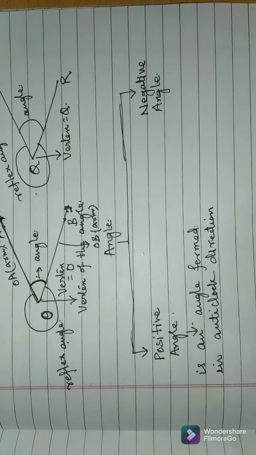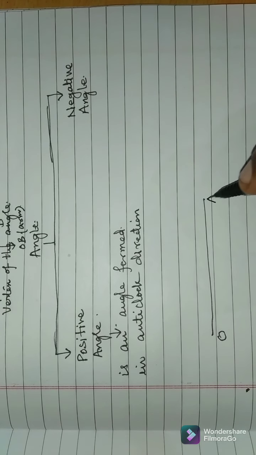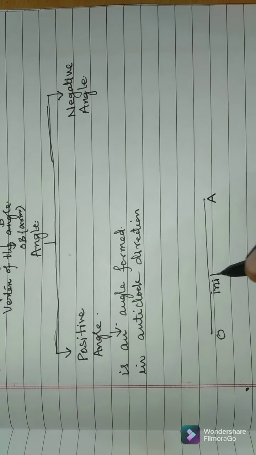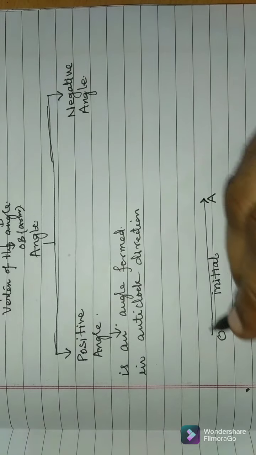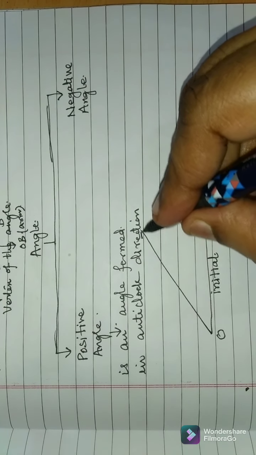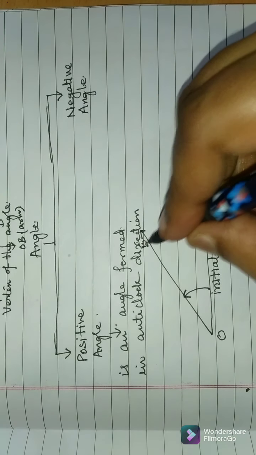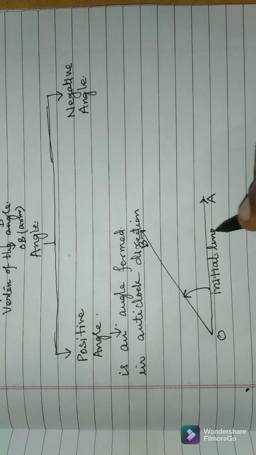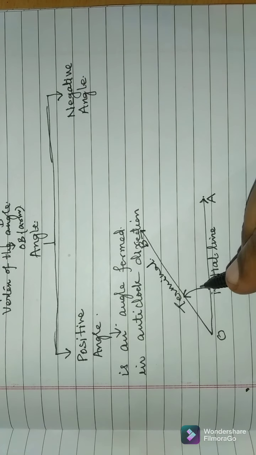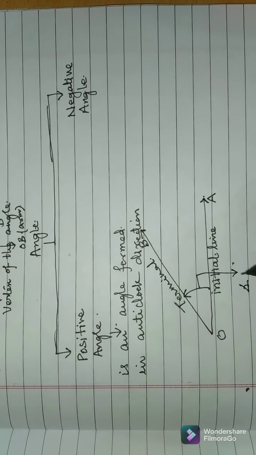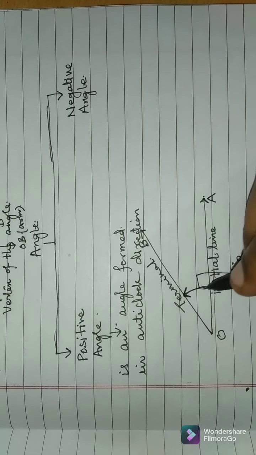Suppose I am taking a line OA, the initial line OA, or OA is a ray, and it revolves or rotates and makes this angle up to here. So this is the initial line, and this is the terminal line, making angle AOB, and here the direction of the angle is in this direction.